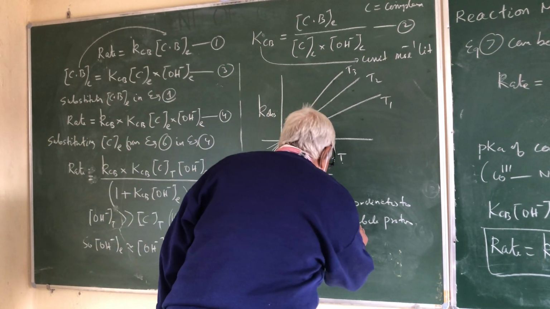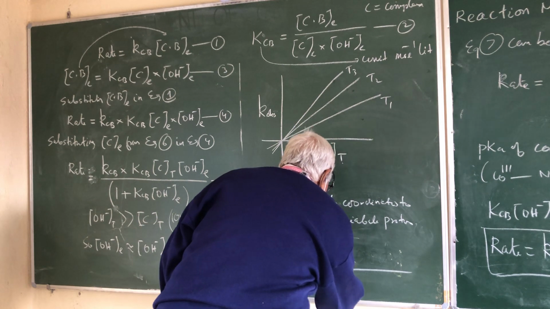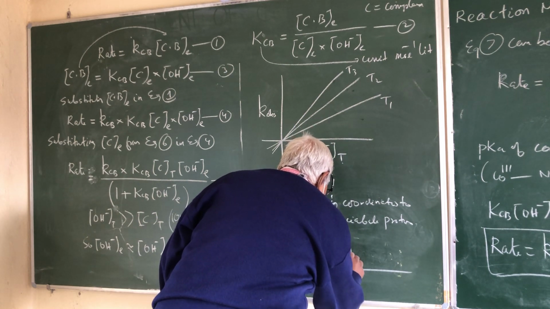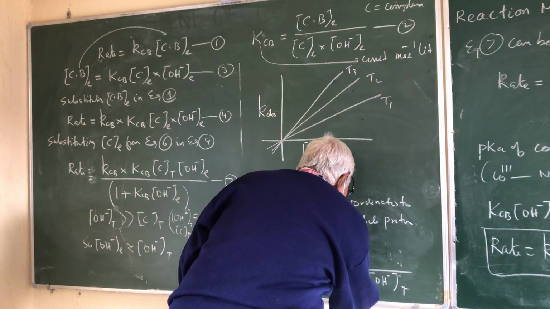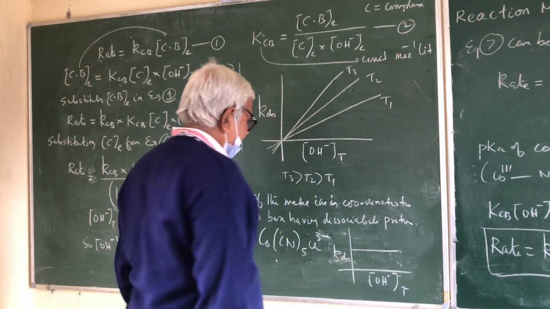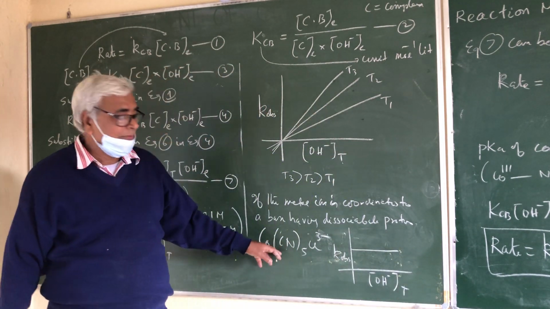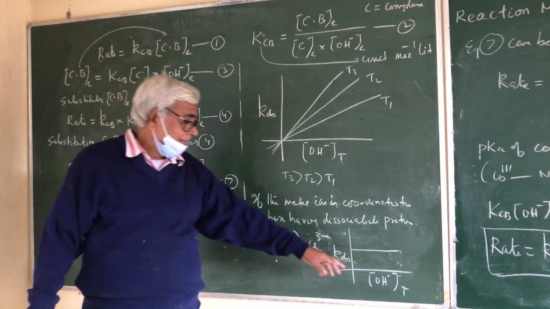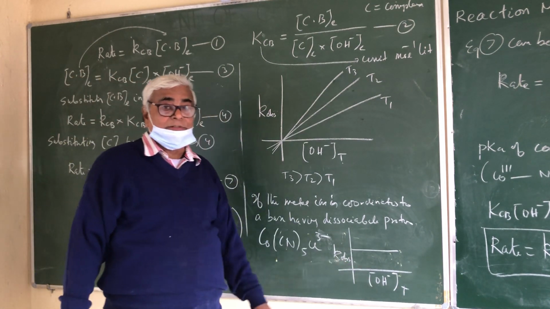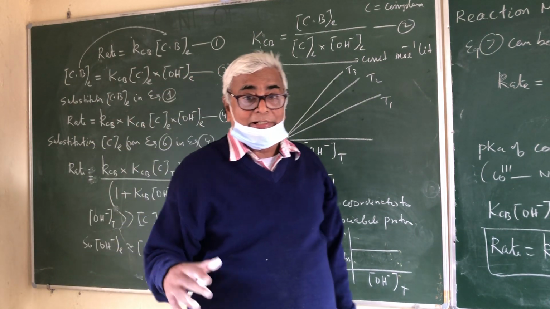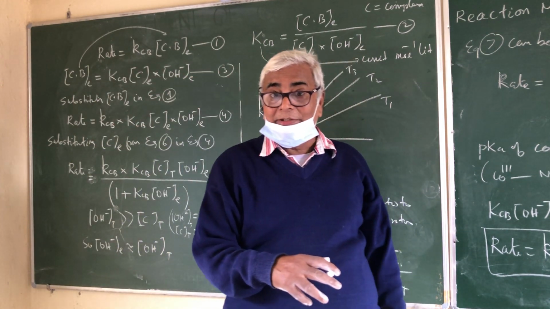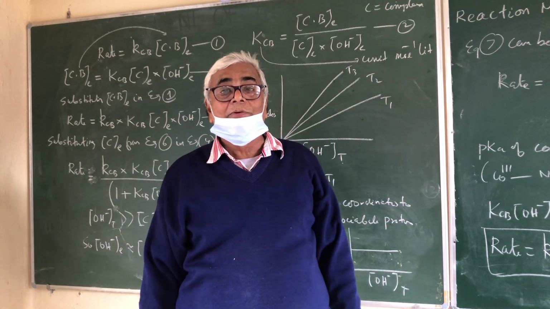Here, if we plot K observed versus hydroxide ion total, you may get a linear plot. Because there is no conjugate base, by increasing hydroxide ion concentration, the conjugate base concentration will not increase. Because according to Le Chatelier's principle, if you increase the hydroxide ion concentration, conjugate base concentration will increase.